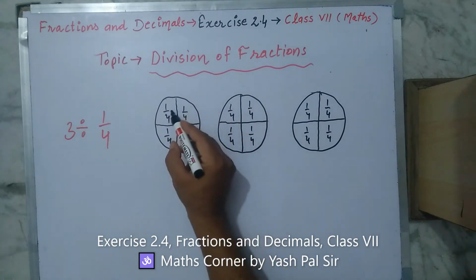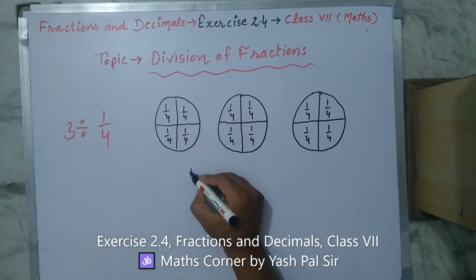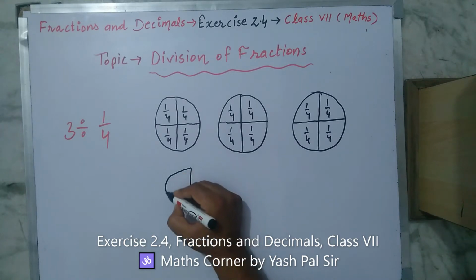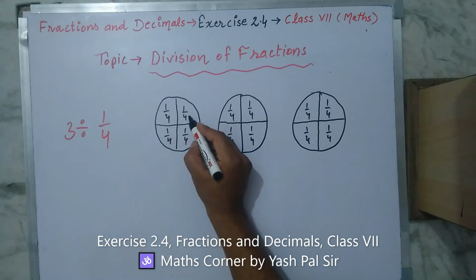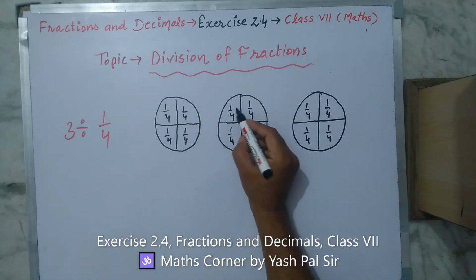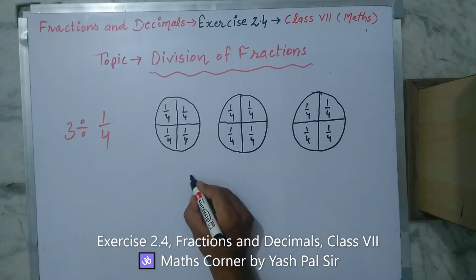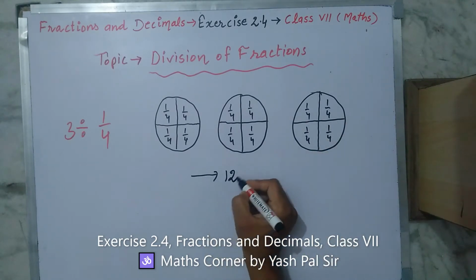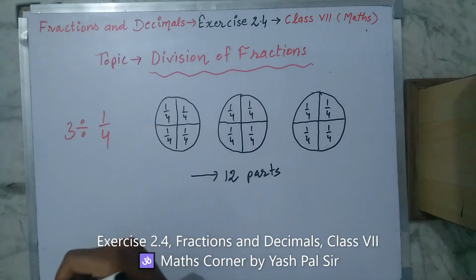So how many parts are there now? Counting them: 1, 2, 3, 4, 5, 6, 7, 8, 9, 10, 11, 12. That means 12 parts. How to calculate this?